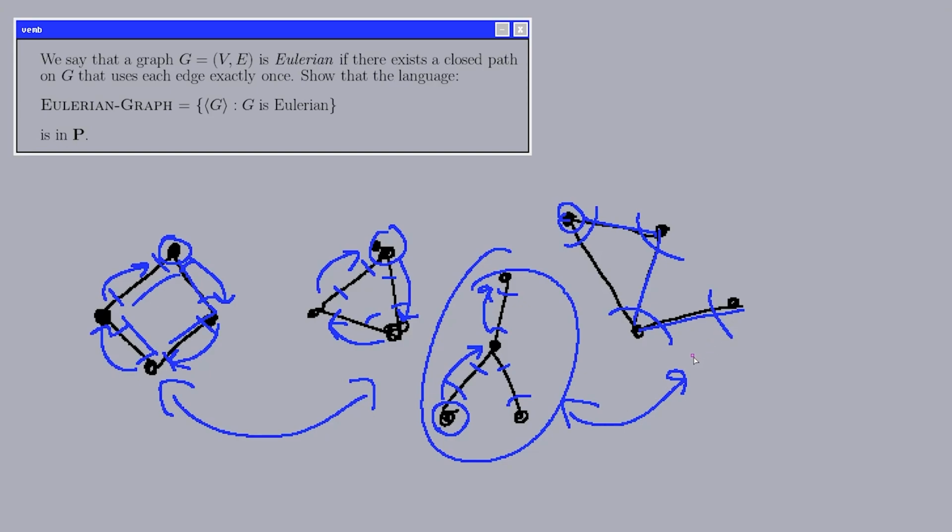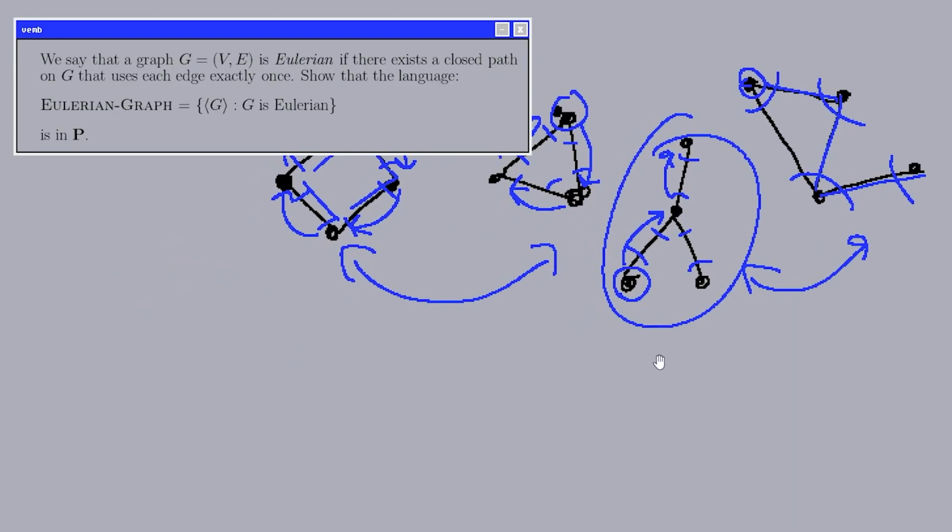And so what we can imagine is that if we want to not get stuck, we need each time that we visit a vertex to have a way in and a way out. So we always want to have an even number of edges that go out from this vertex.